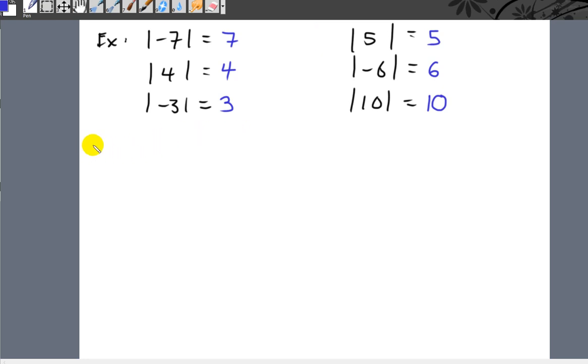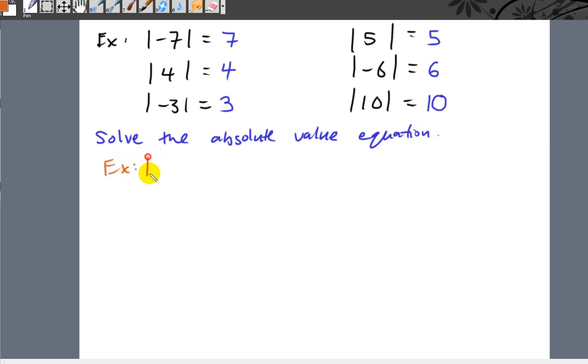Let's say I give you something a little more complicated. Let's say we wanted to solve the absolute value equation: the absolute value of 2x equals 3.